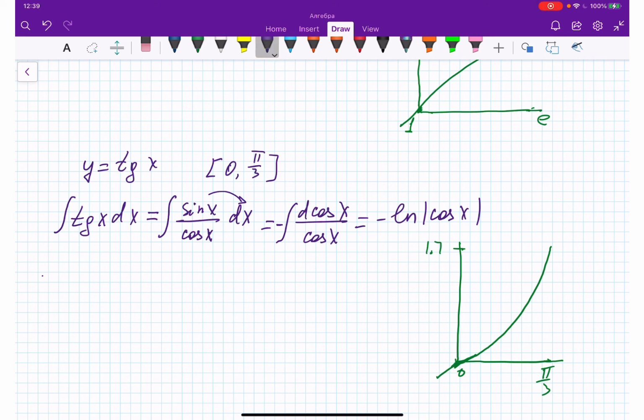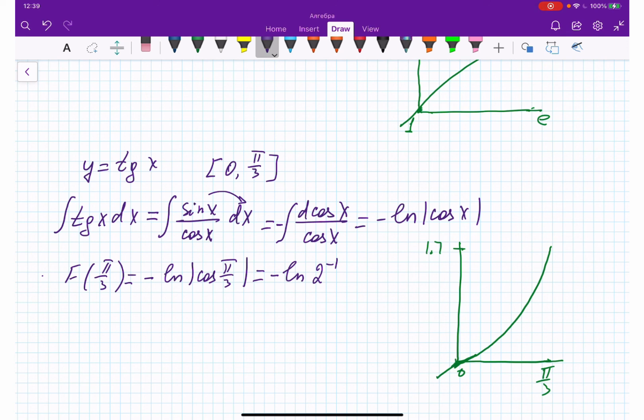So, well, let's see. I'm going through the antiderivative. The antiderivative at pi over 3 is equal to negative logarithm of cosine of pi over 3, which is negative logarithm of 2 to the negative 1, because cosine of pi over 3 is 1/2.